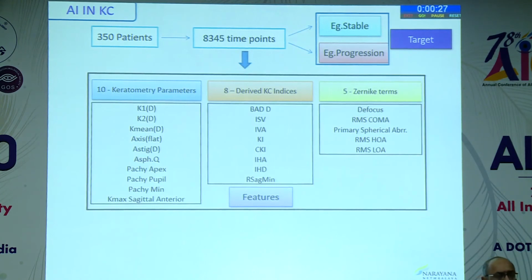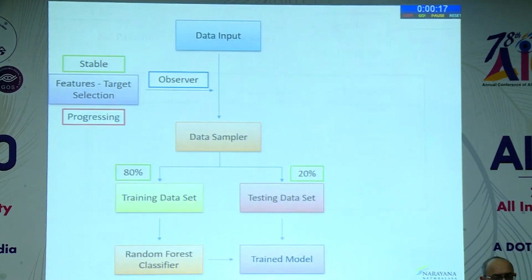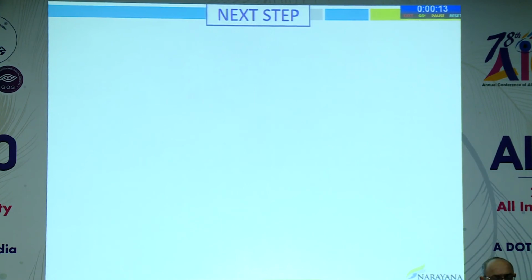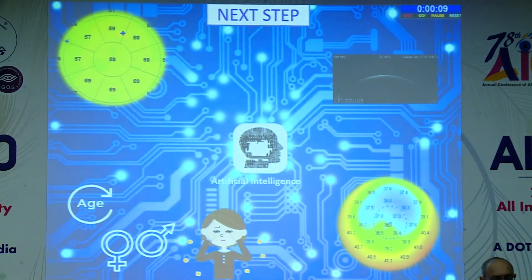This is our next field of work, integrating this into our existing knowledge on the epithelial Zernike indices, to see whether we are able to differentiate normals from forme fruste keratoconus. Now, these were early results. What is important is that our next step is to integrate our existing knowledge on artificial intelligence with demographics and biomechanics as well as topography, thereby helping in improving outcomes.